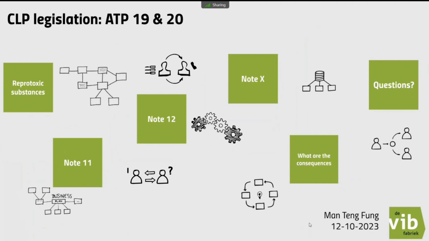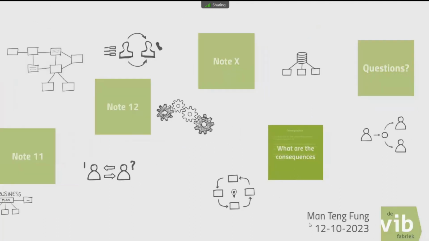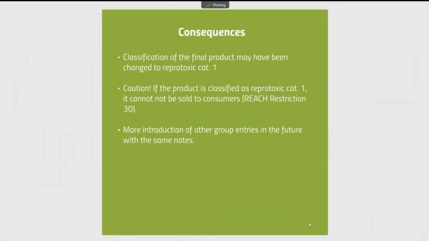So these are the 3 different notes, and I also had a couple of examples where these notes are applied to. But what are the actual consequences then? As you already saw in the examples, the classification of the final product may have changed to reprotoxic category 1, compared to if ATP 19 and 20 were not enforced yet.